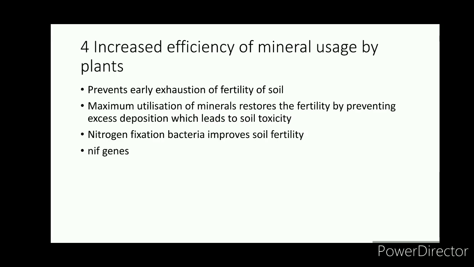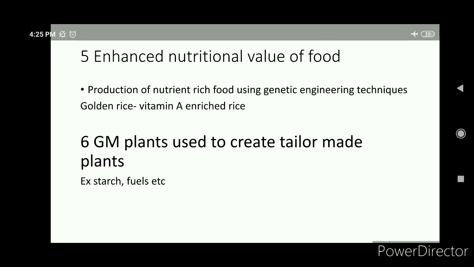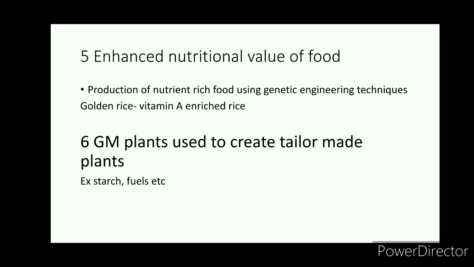Let us take another advantage of GM crops or plants, which is enhanced nutritional value of food. The GM plants help by enriching the food with the proper amounts of nutrition. Some foods may not have the required amount of the nutrients that are required for the growth of an organism.